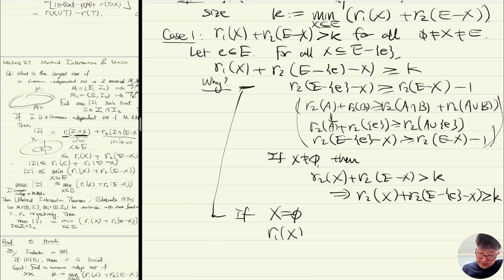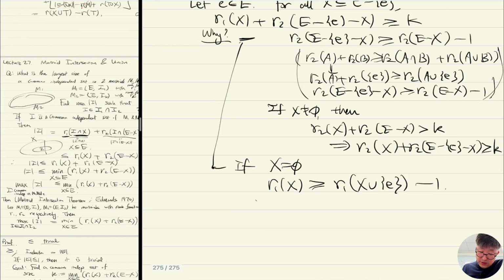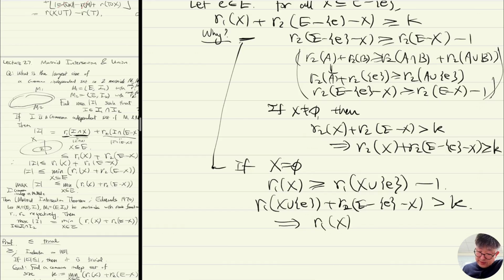R1 of X is R1 of X union E minus 1. It's the same logic. So R1 of X union E plus R2 of E minus X is bigger than K by the assumption. Therefore R1 of X plus R2 of E minus X is at least K. Right?